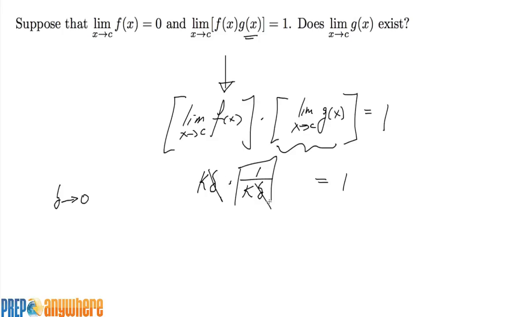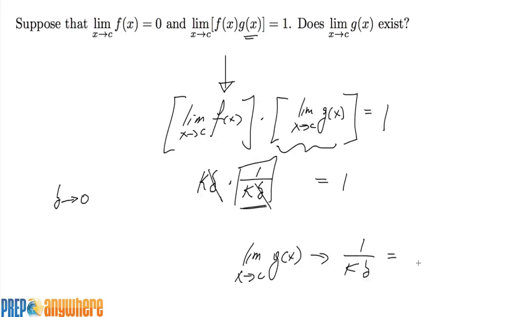What does that translate into for the limit of g(x)? As x approaches c, g(x) has to look like 1 over delta. What is 1 over delta? This is something we've seen a lot in limits at a point.